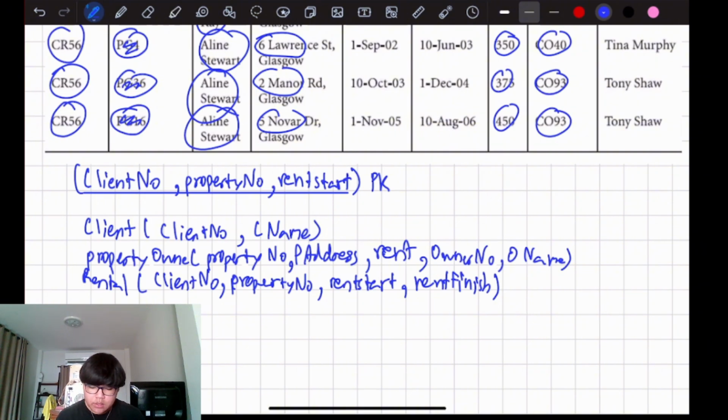Why does it contain client number and property number? Because if we don't know the client number and property number, we cannot know the rent start and rent finish. Okay.